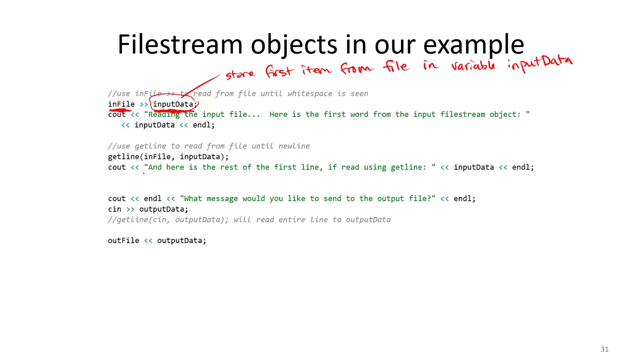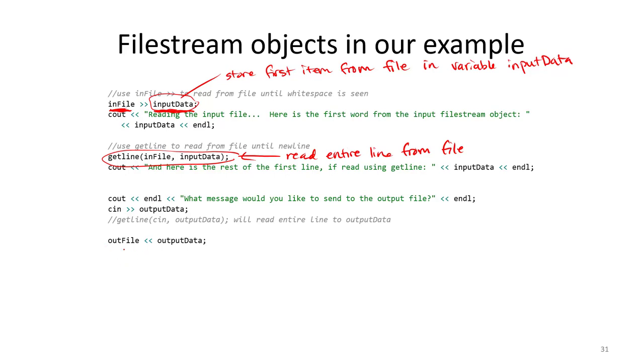And of course, if we want to read an entire line from the file until we see a new line, then we can use getline. And again, this is generally only useful if you are reading a lot of text, which is not very common in this class.